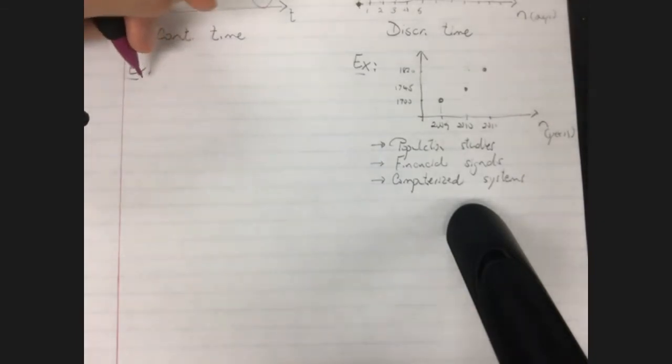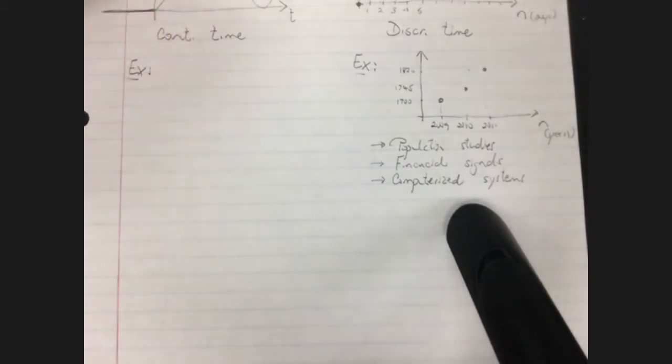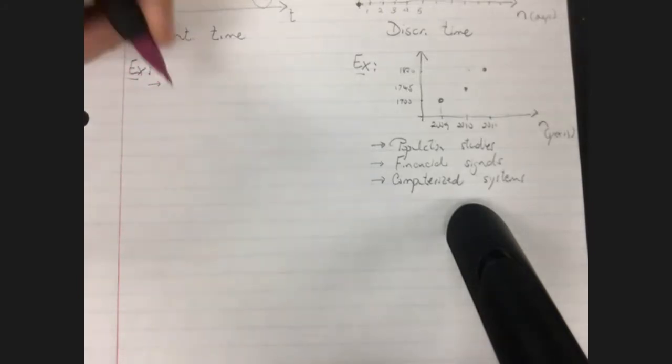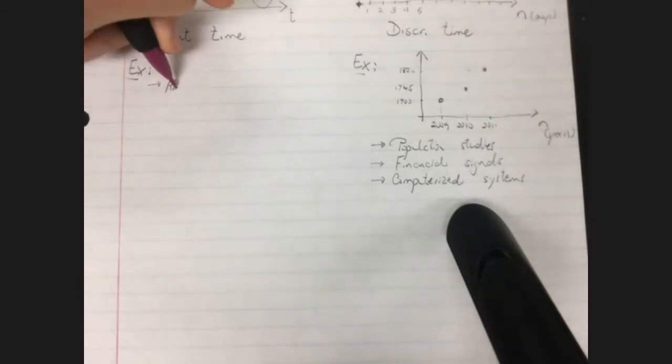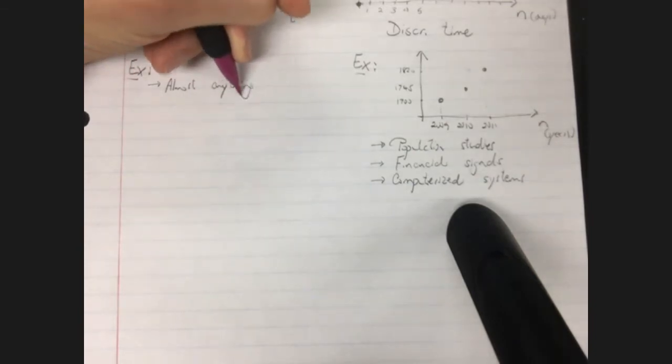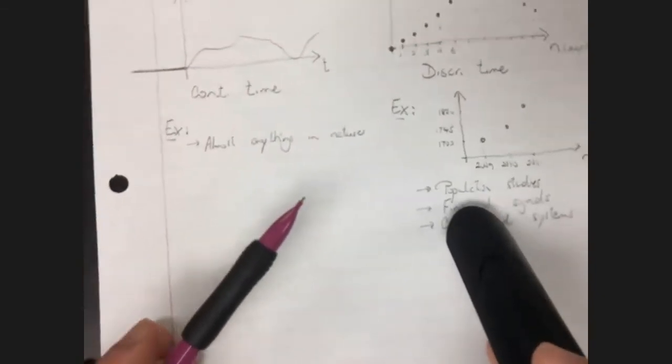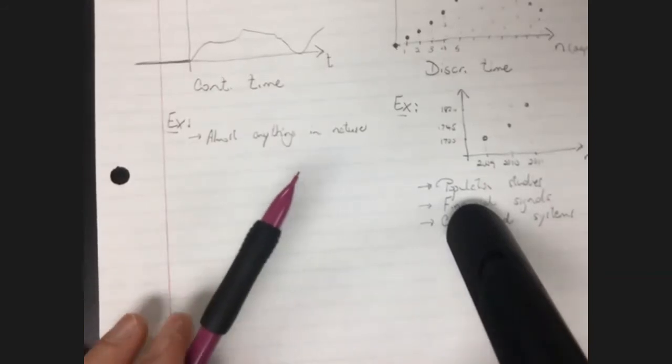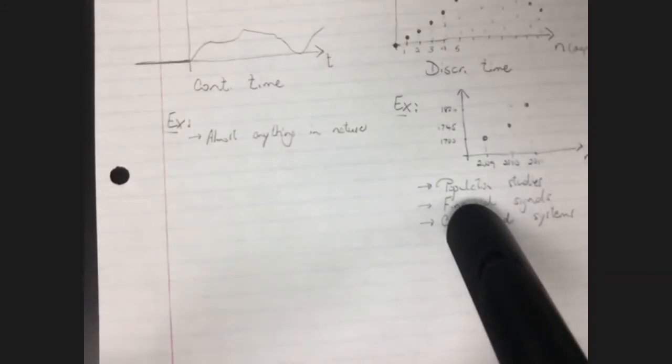Examples of continuous time signals, though, is going to be just about, I'll say almost, but almost anything in nature. So just by their very nature, if you're tracking velocity of an object versus time, position versus time, or voltage versus time, the nature of most things in time is going to be continuous. A sound wave by itself is continuous time.